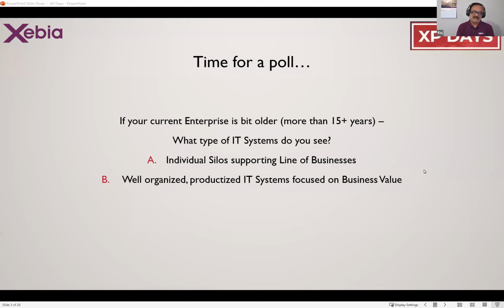So let me start with a small question. Look at all the companies where we are working. Most likely you will see them quite old because they have been there for some years. If you see an organization which is more than 15 plus years old, what type of IT systems do you see?